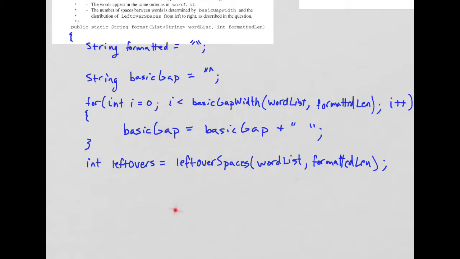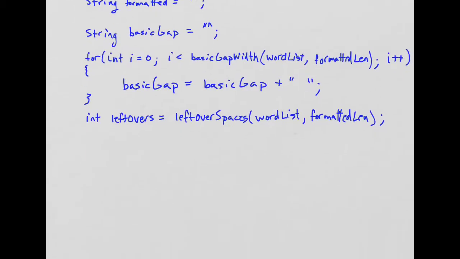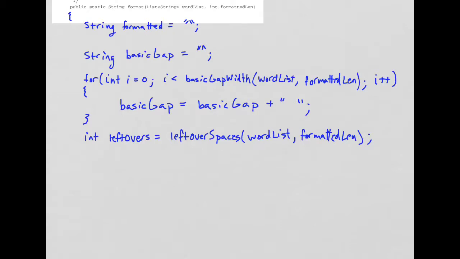And then the next time around, I'll add the second word from my word list, and I want to add my basic gap. And if I still have any leftover spaces, I want to add that extra leftover space. So hopefully, just with the way that I'm saying this, you can start to understand how I'm going to actually build this formatted string. So first, it's definitely in a loop, so I'm going to create a loop.